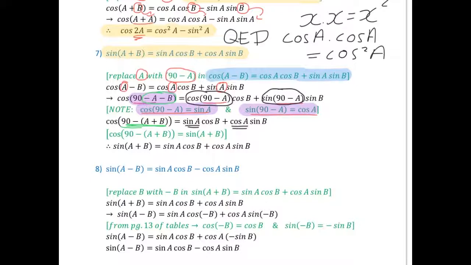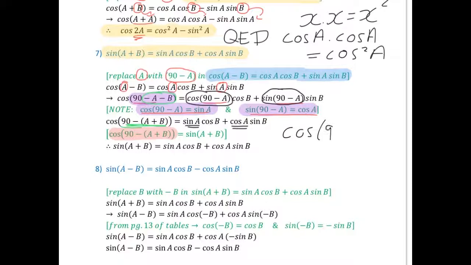Then, and this is the last trick we have to remember, we have to use the same rule that we had before and say that cosine of 90 minus some angle, in this case the angle we're talking about is the A plus B we have inside.